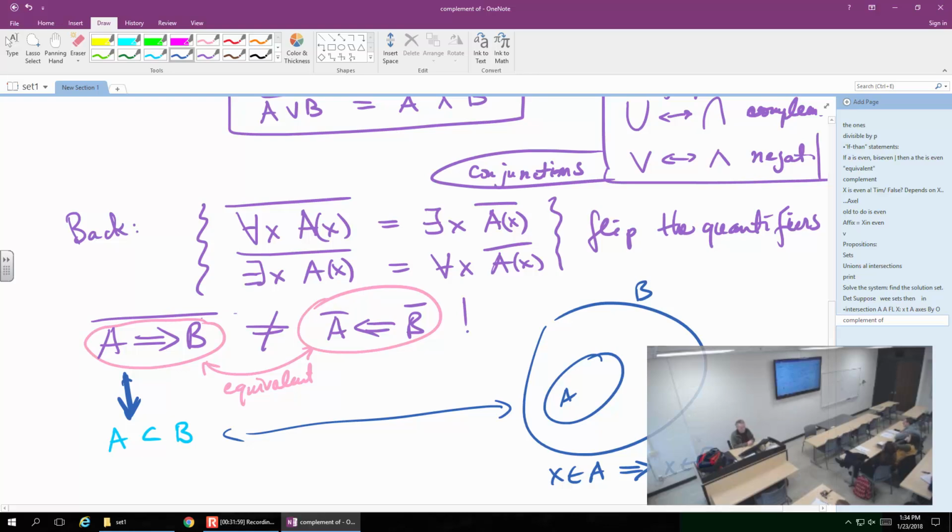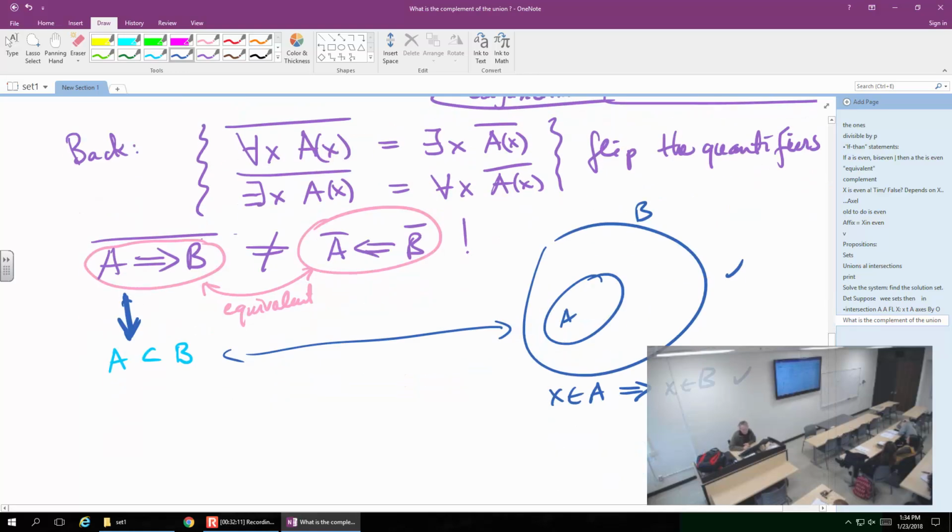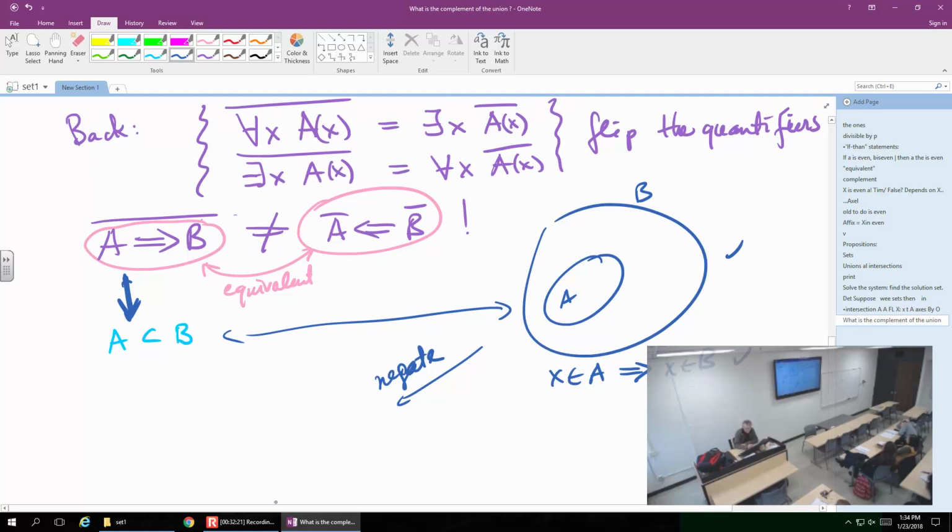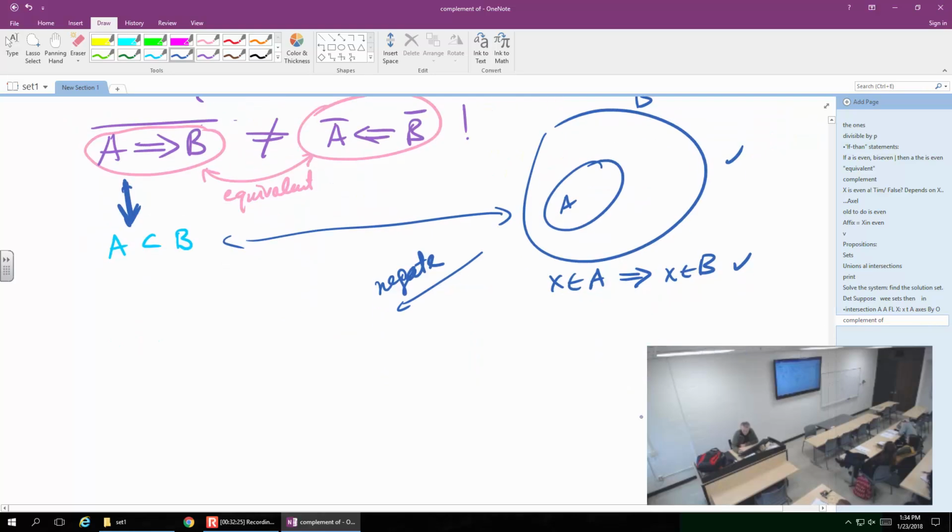Okay, and now if we try to negate the situation, described either algebraically like this, or diagrammatically by this picture. So let's say A remains the same. I'm trying to negate: A is a subset of B. Well, let me keep B. That's a pretty big one.